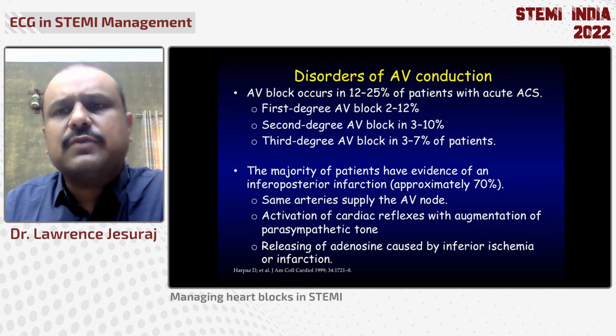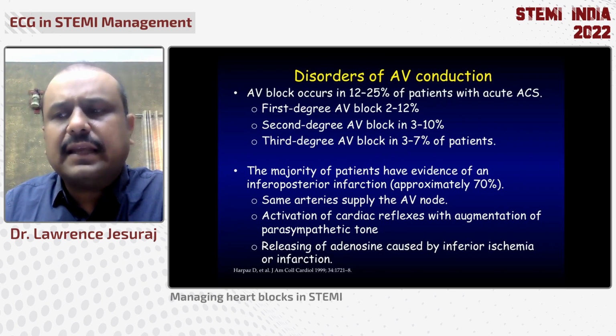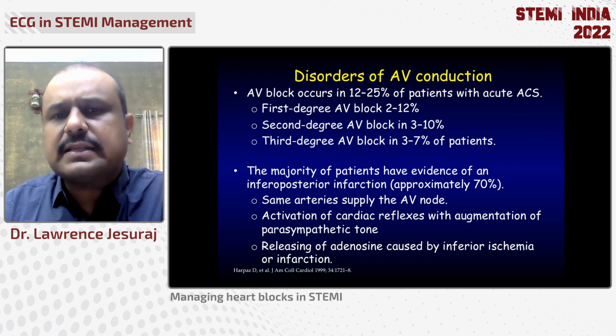Disorders of AV conduction, which we are more worried about, occur in around 12 to 25% of the patients with acute coronary syndrome. First degree AV block happens in around 2 to 12%, second degree AV block in around 3 to 10%, and complete AV block in around 3 to 7% of the patients. The majority of patients have evidence of inferoposterior wall infarction.